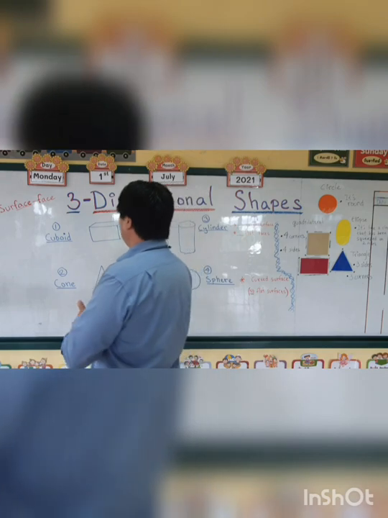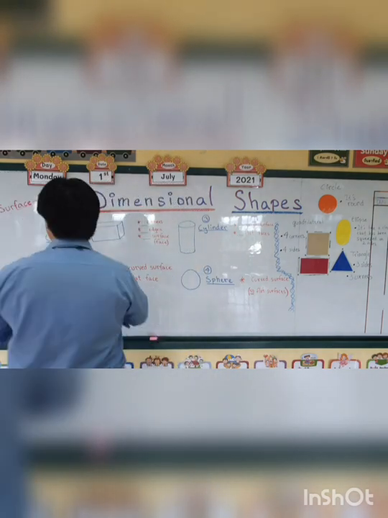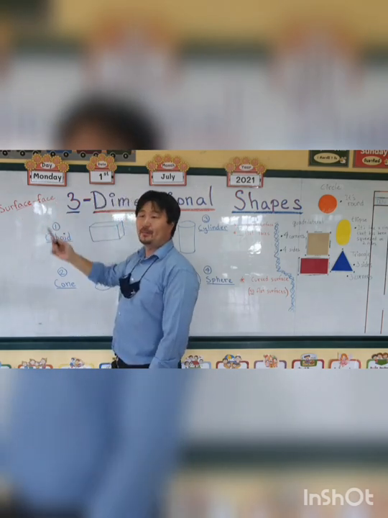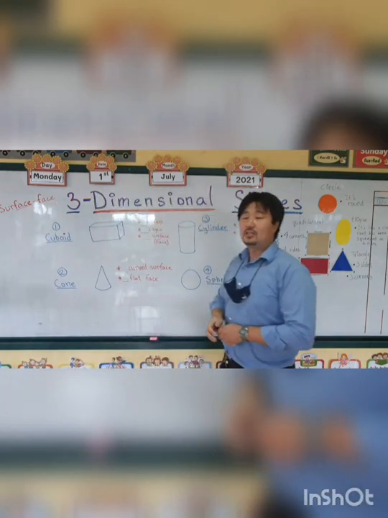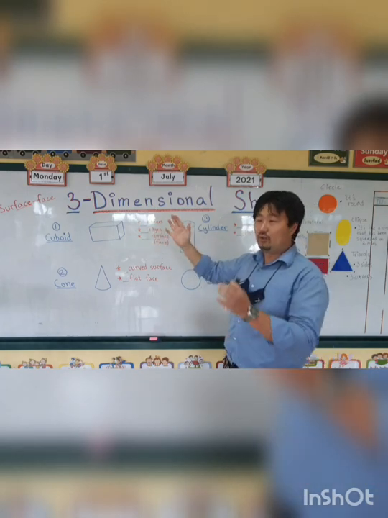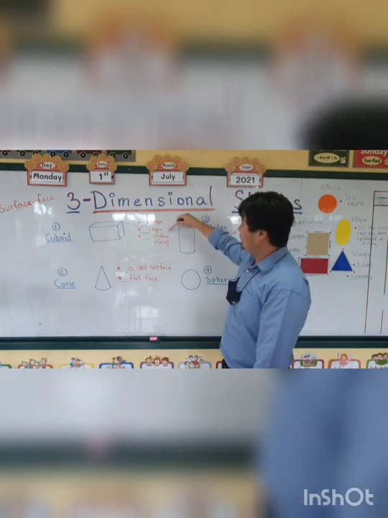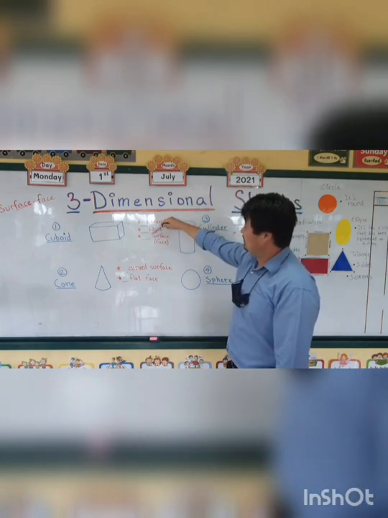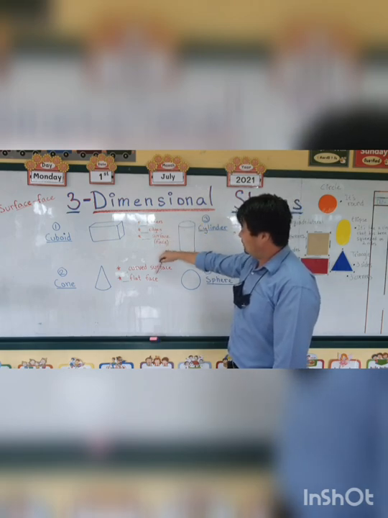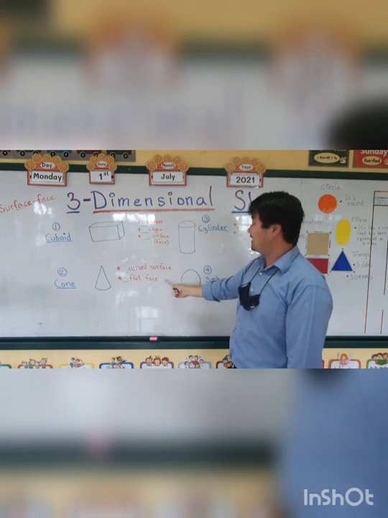Now, let me first explain why I have written surface and face. Because for a surface, they sometimes use the shorter word face. As you can see, I have written here, surface or face. This means the same thing, surface and face.